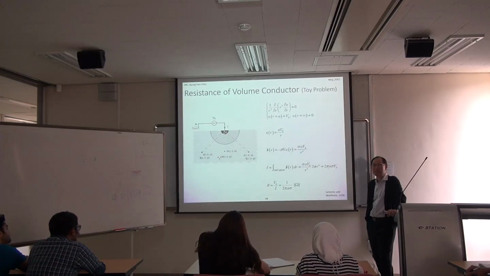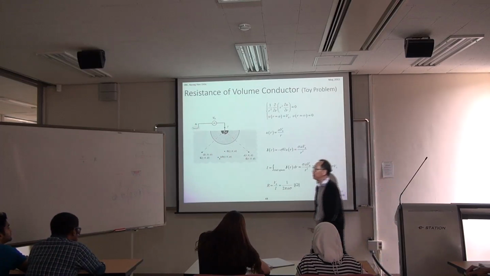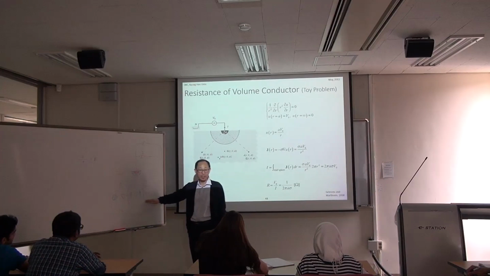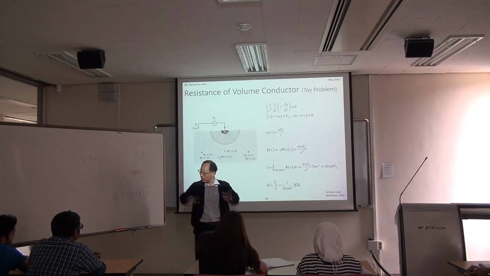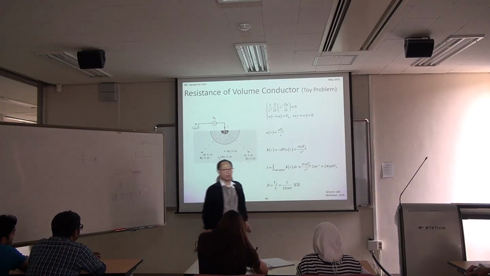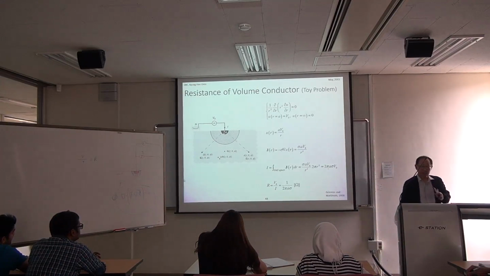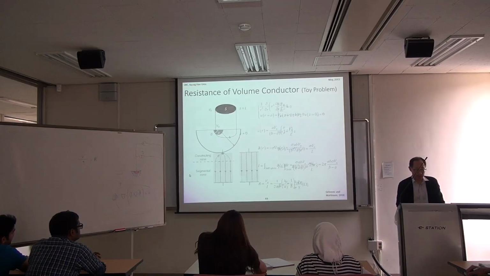There are several cases where we can solve this equation analytically. If we solve this equation analytically, then we find the current density inside, right? So I'm trying to give you some simple examples. If this example is too difficult, then let's start with this one.